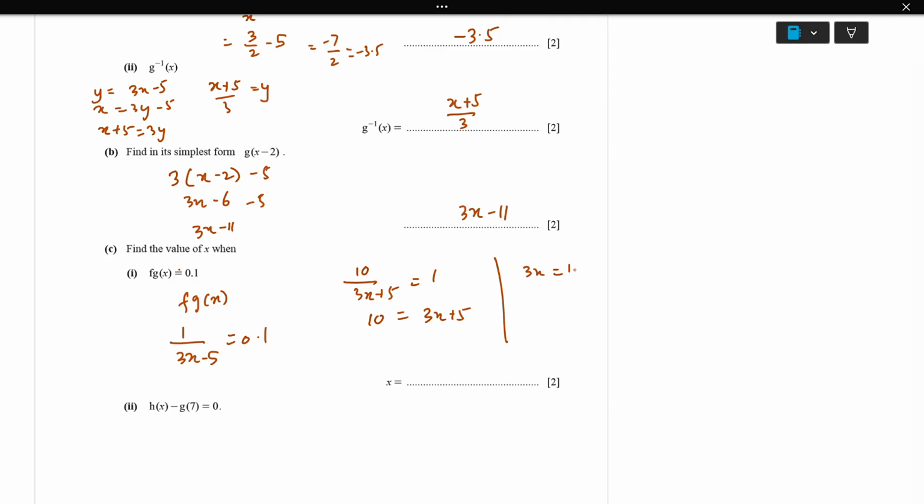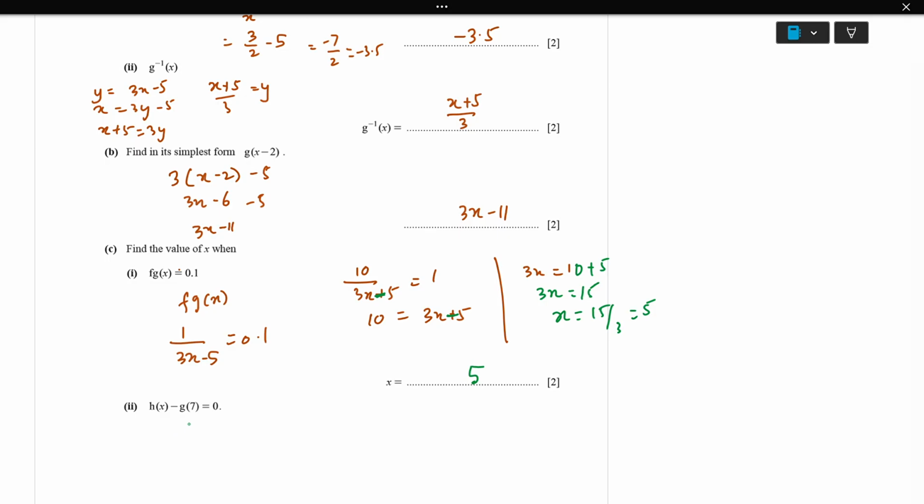Sorry, I made a mistake. Here is a negative, so we should write negative everywhere. So this is negative here and this is negative here. So 3x equals 10 plus 5, which is 3x equals 15. So x equals 15 over 3, which is equal to 5. The answer is 5 here.